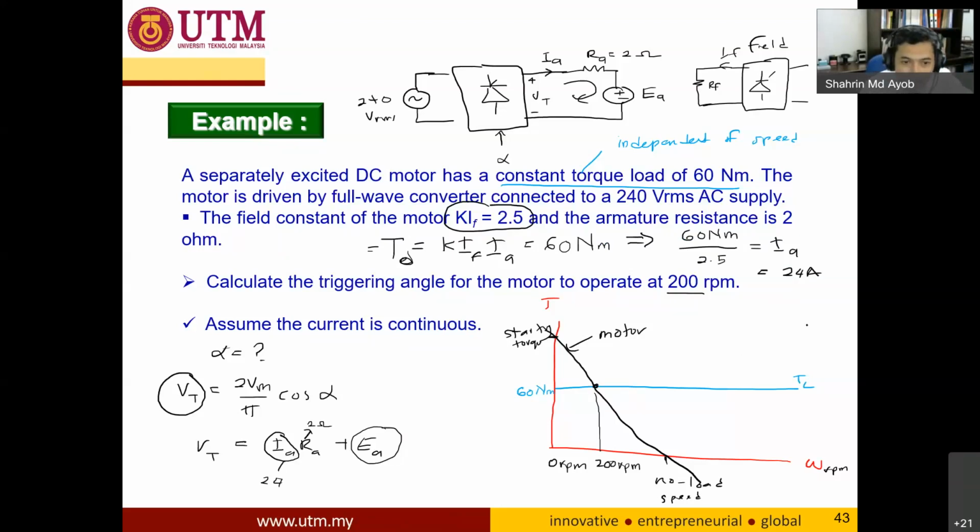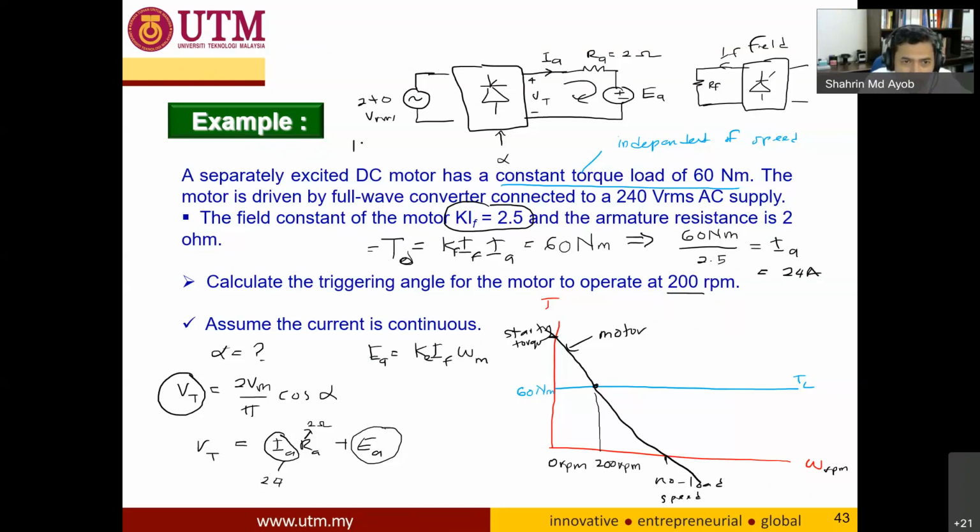What is the equation for the back EMF? You should memorize it. Your back EMF is K IF multiplied by the speed of the motor. Sometimes this is KI, sometimes KF, sometimes KE.